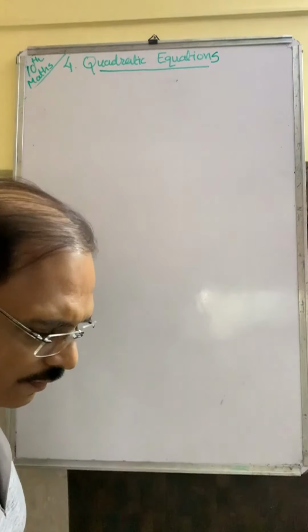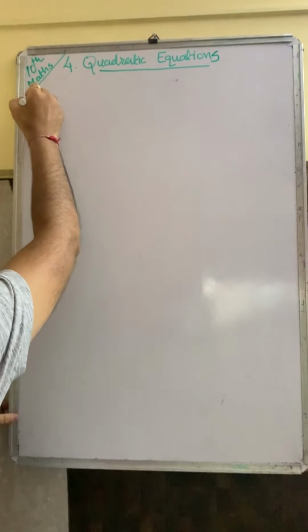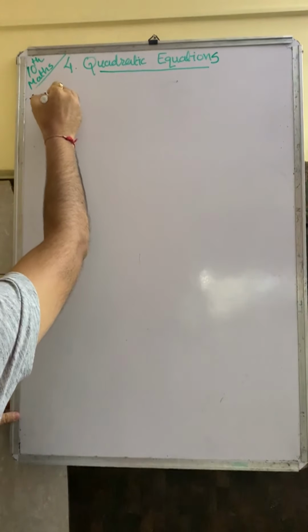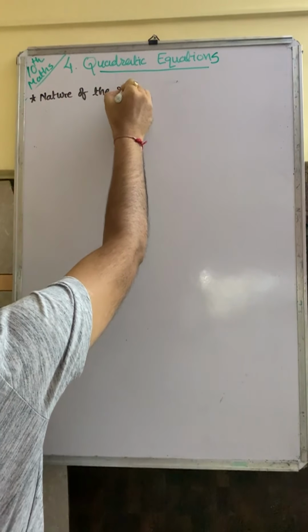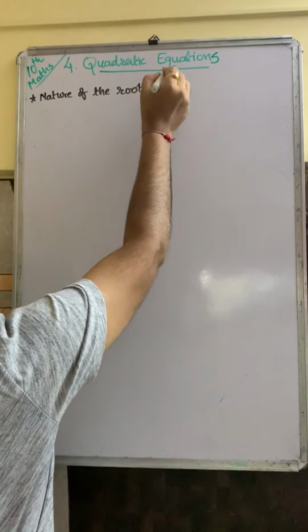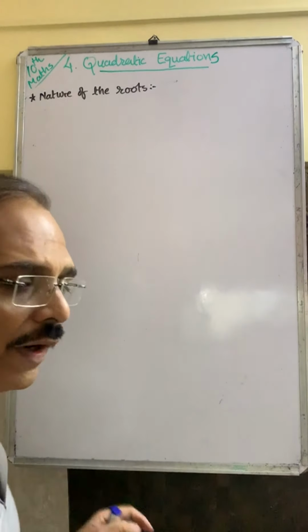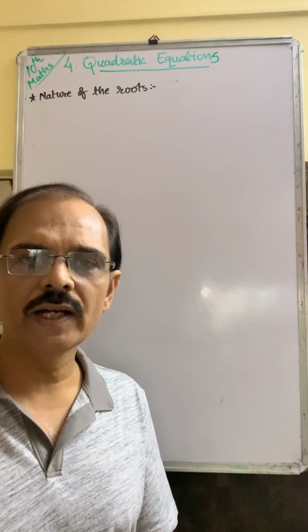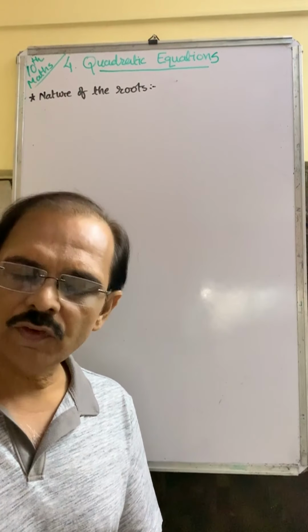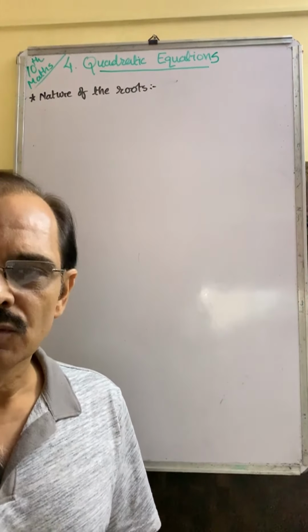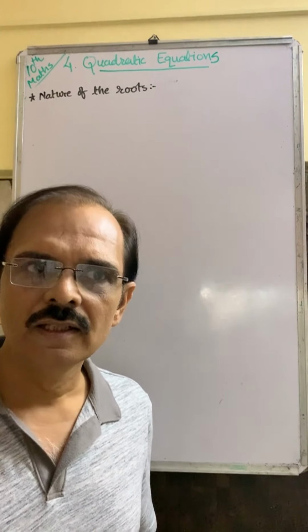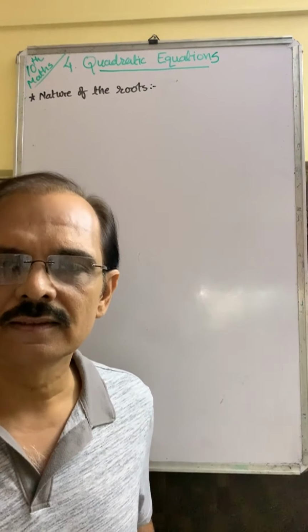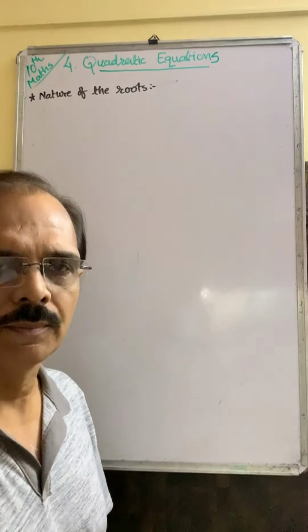Nature of the roots. Without finding the roots, without finding the values of x, without finding alpha and beta, how can you say which type of answer this is? See some tips.